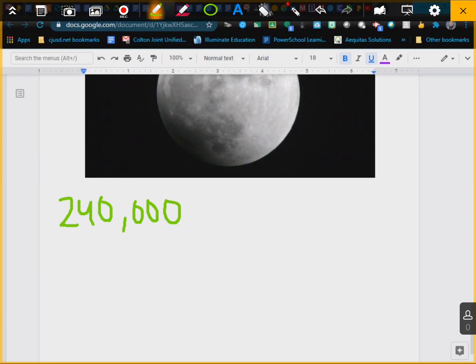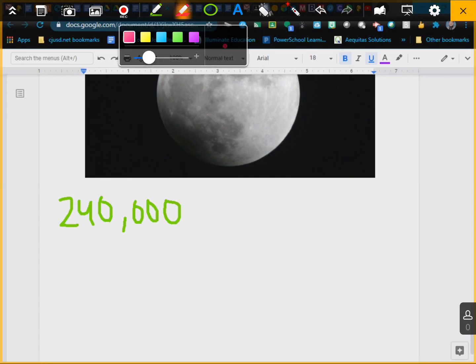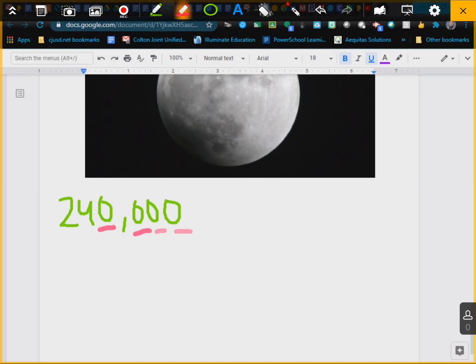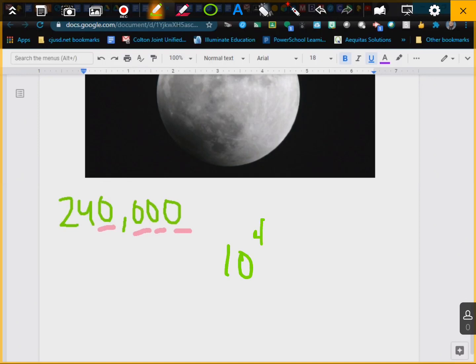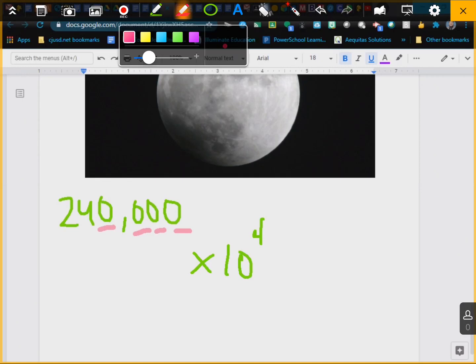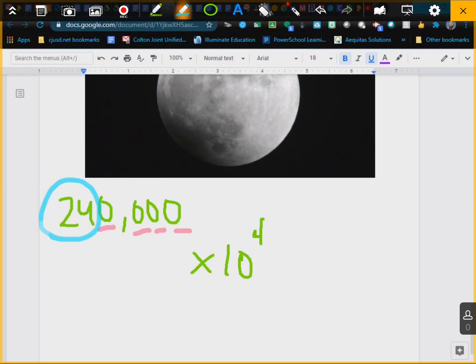So if I have 240,000, what I need to do is that second step I said earlier, which is count the zeros. I have 1, 2, 3, 4 zeros. So I know it's going to be 10 to the fourth power. Now, what am I multiplying 10 to the fourth power by? Well, I'm going to multiply it by anything that is not a zero. In this case, it's going to be the 2 and 4, or 24.